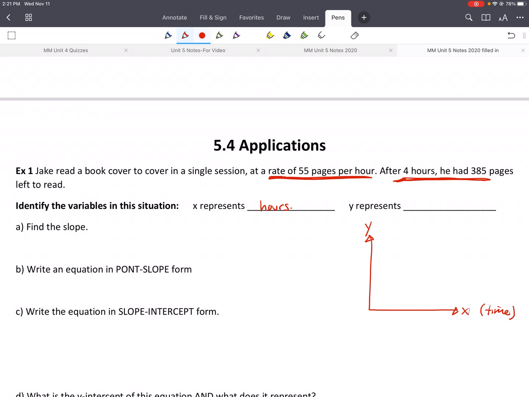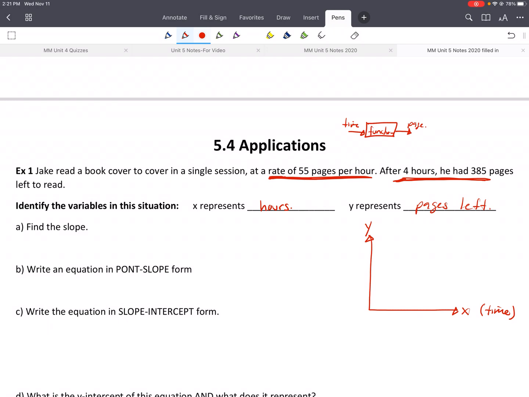This is like a function: you put something in and it gives you something out. You put in time and it gives you pages. You can't change time. You can decide how fast you want to read and change how many pages you read, but you can't change time. That's why X is always going to be your time if time is available. So Y represents pages left.